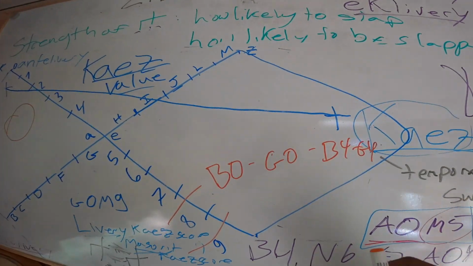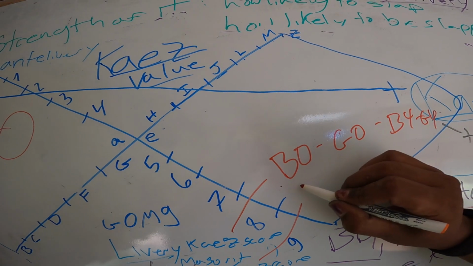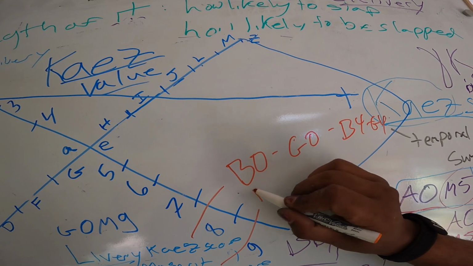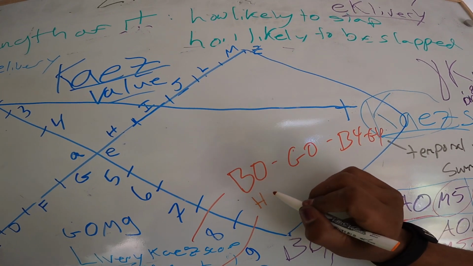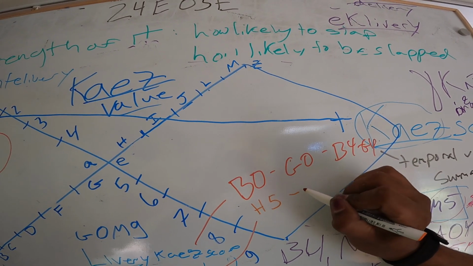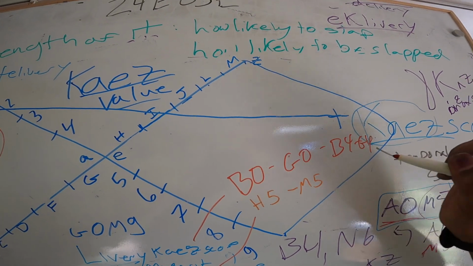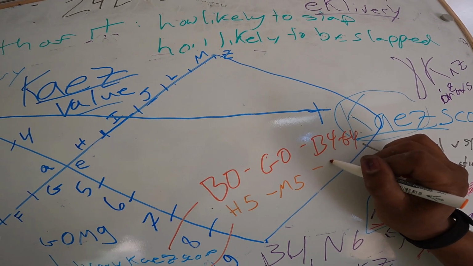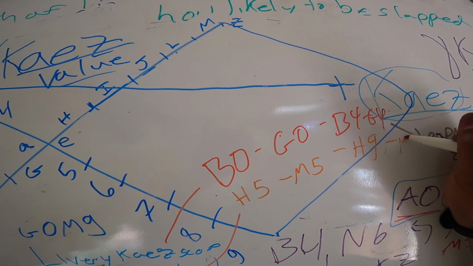So that'll be that for the ant livery, and then for the Ek livery, it'll be anywhere from, let's go from left to right again, H5 to M5 to H9 to M9.